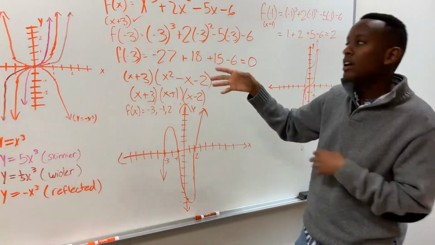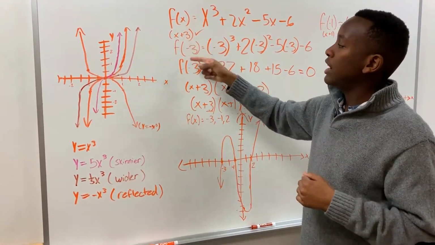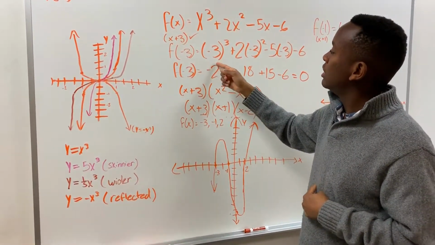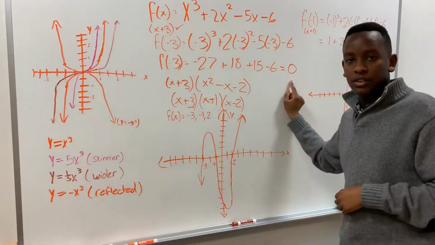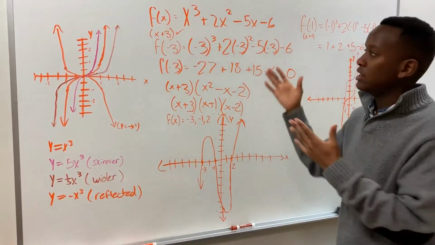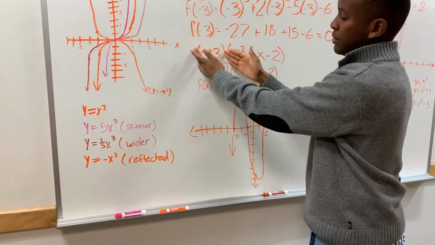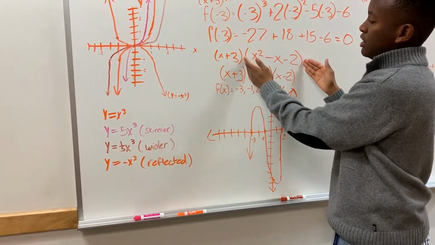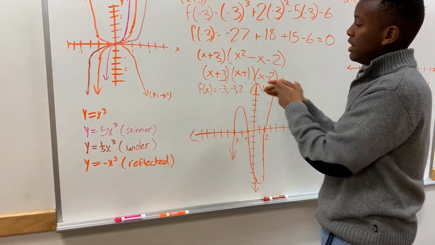So you come back and take another guess, and we guessed -3. We plug that in, and that gave us 0. So that's how you know it is correct, and that's how you know -3 is an intercept of this function. Once you get the x plus 3, you factor it out and get a quadratic equation, and then you keep on factoring.